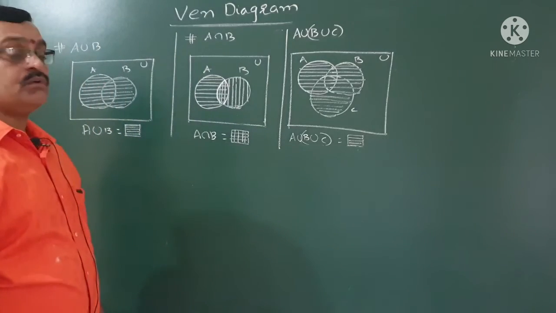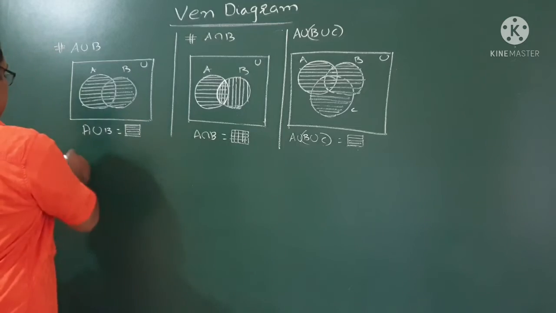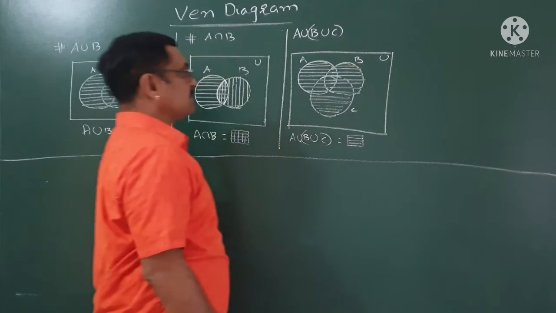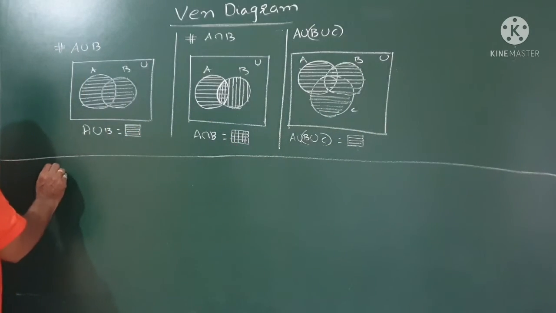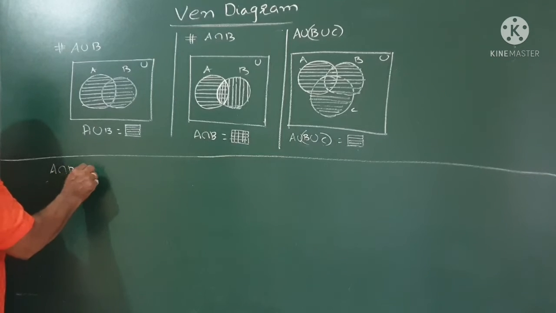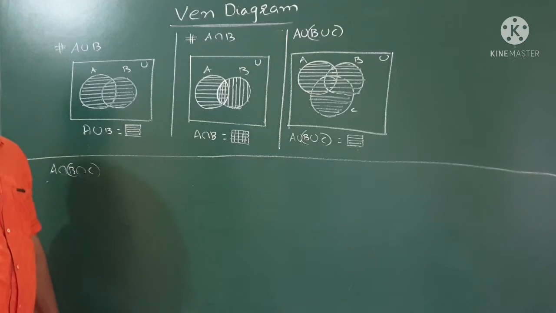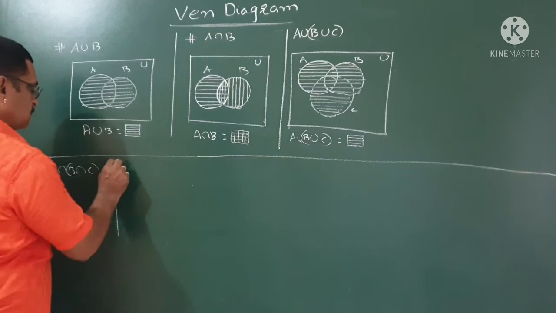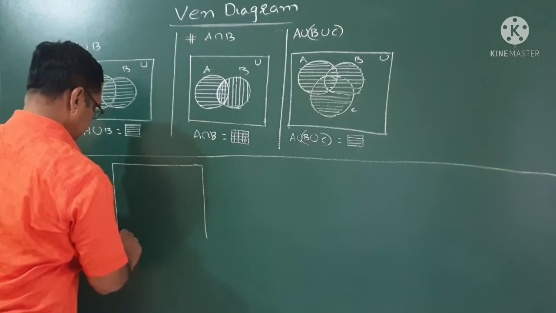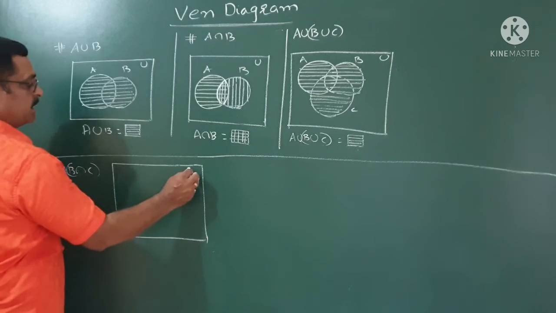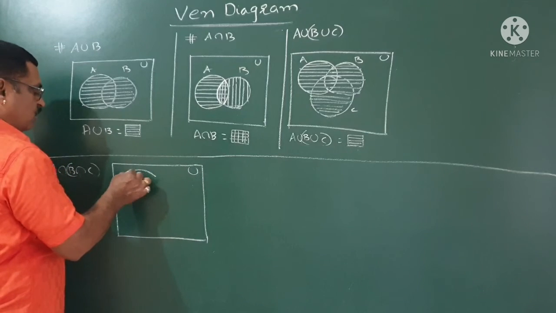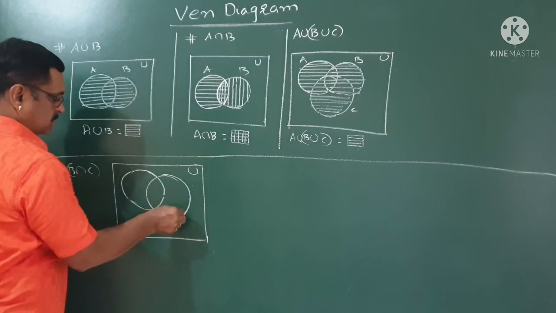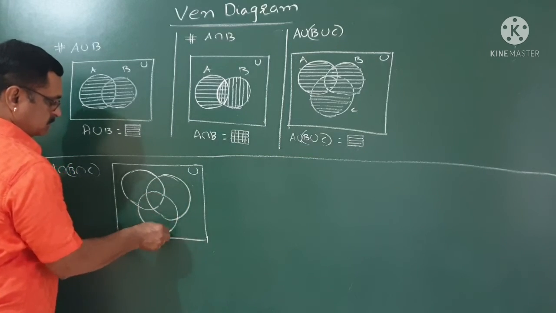Now I am going to show you A intersection B intersection C. For this, as usual, draw a rectangle, let this be U, with three overlapping circles, like this.